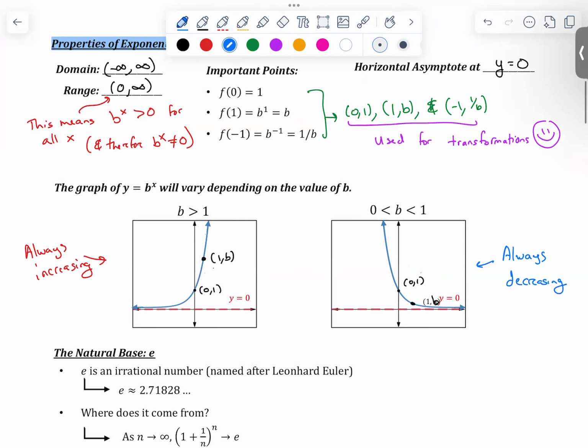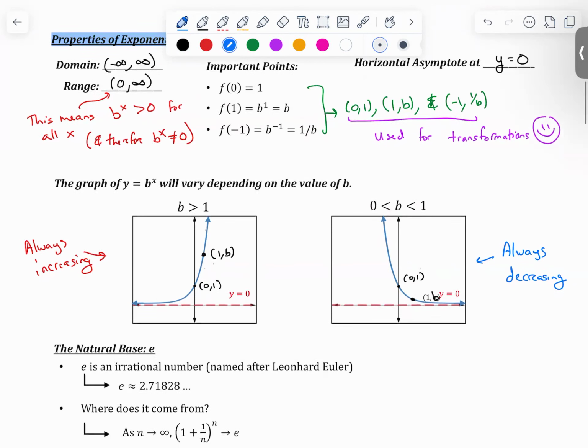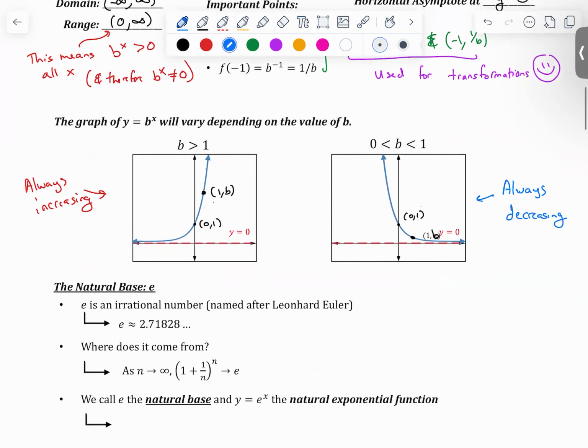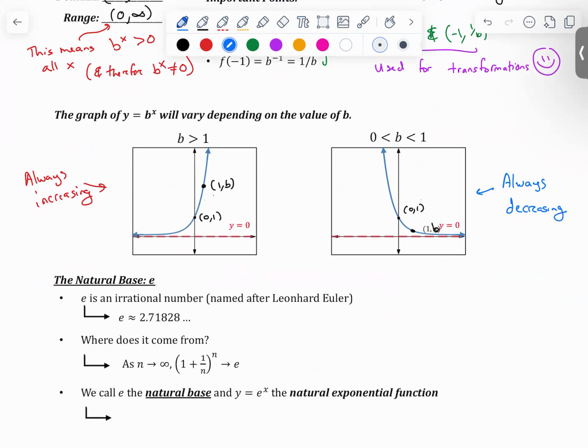So now there's one special case though, which is called the natural base. The natural base is a number e, just like pi is a number, but we write it with the symbol pi. E is another number that we've written with the symbol e, and it's named after its creator, Leonhard Euler. I know it looks like it's pronounced Yooler, but his last name is actually pronounced Oiler.